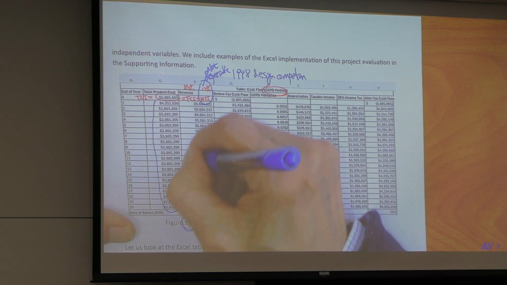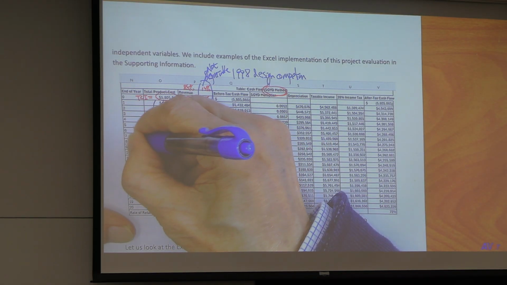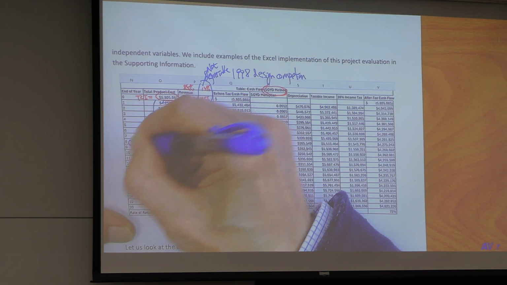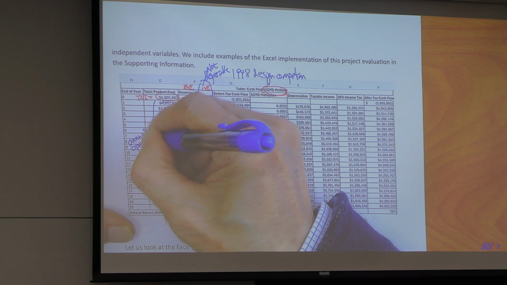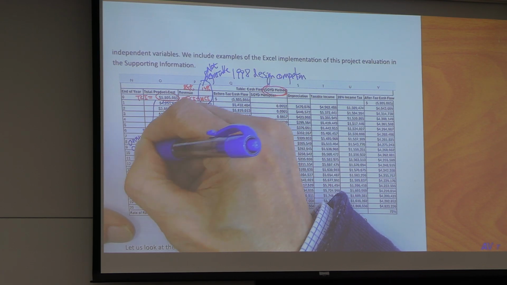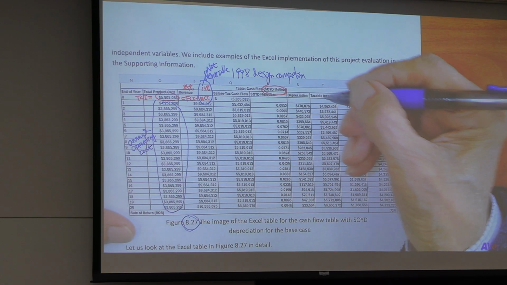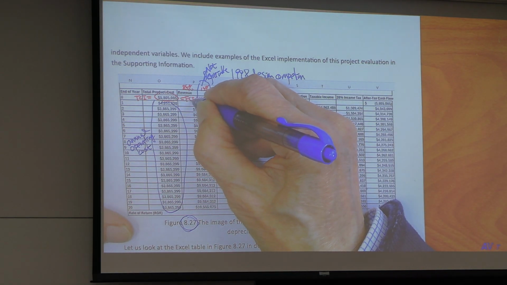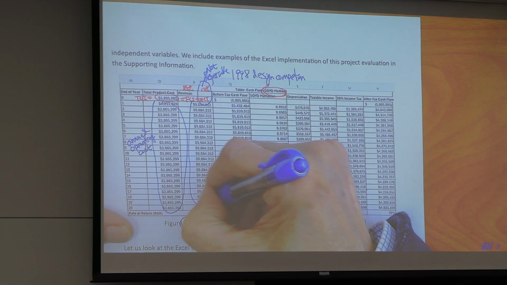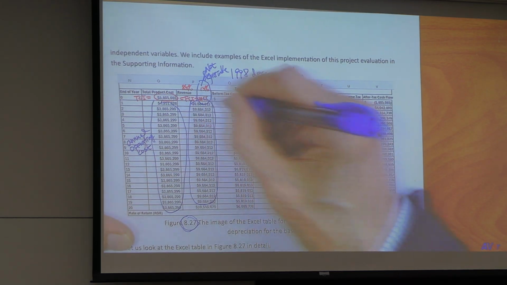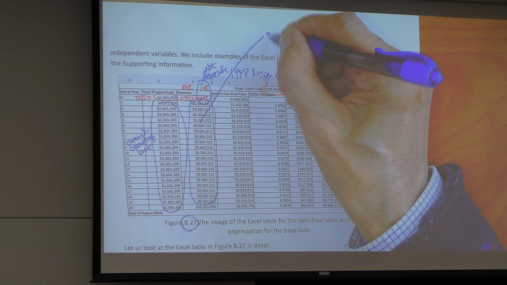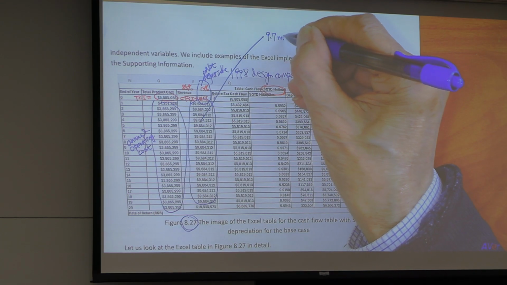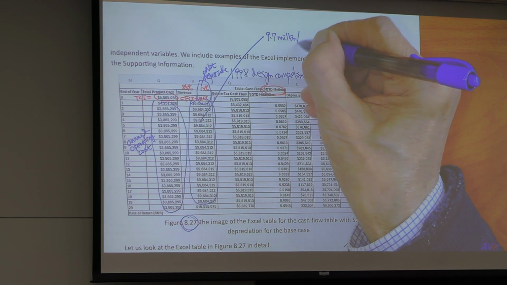This is annual operating costs, revenue, $9.7 million per year.